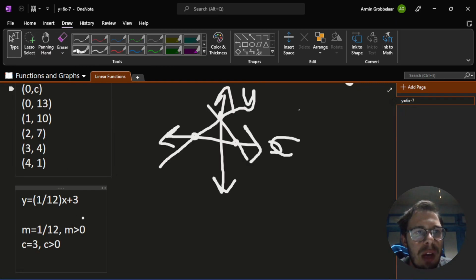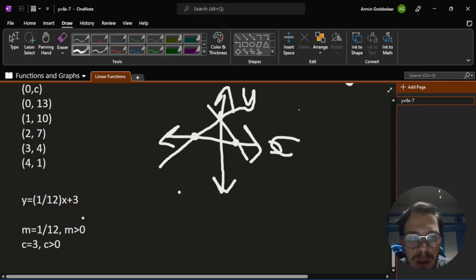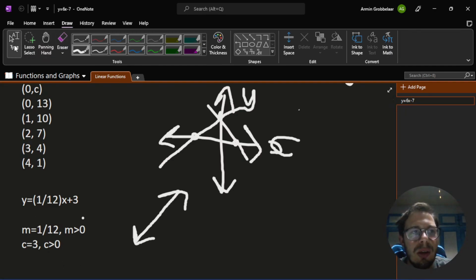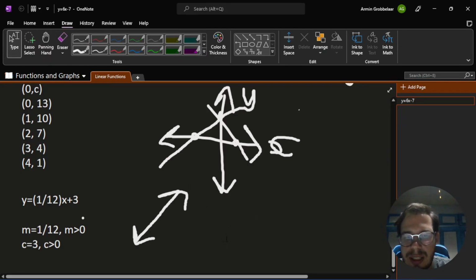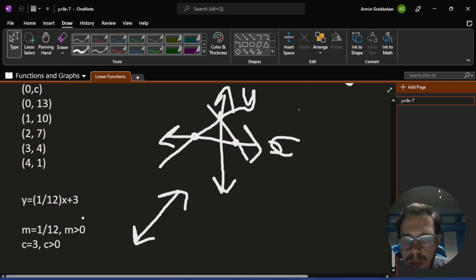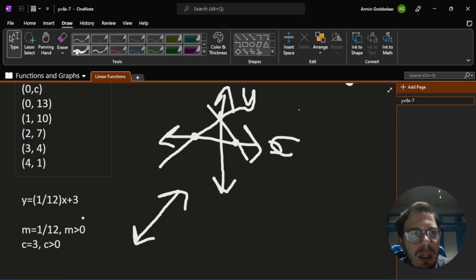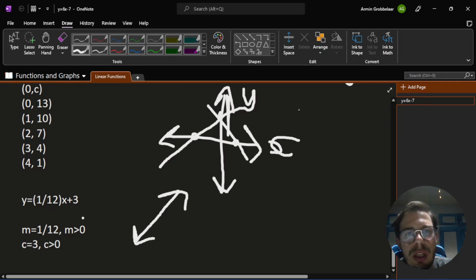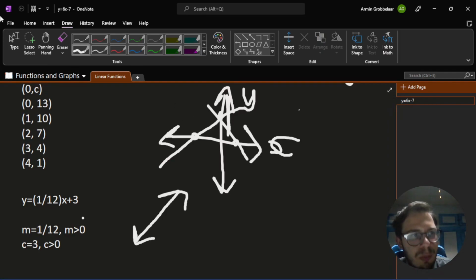So m is greater than 0, so you know it will look something like this. And you can see c is equal to 3, and c is greater than 0, so we know that the linear function will cut the y-axis where y is positive, so somewhere up top, so somewhere here. So here y is positive.